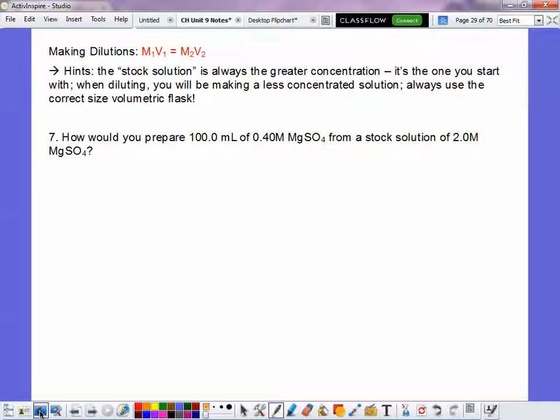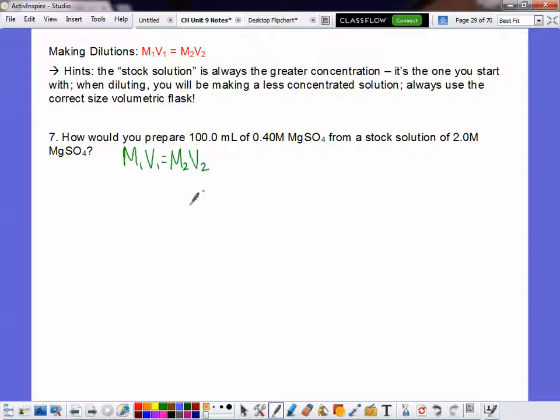We want to know how would we prepare 100.0 milliliters of a 0.40 molar MgSO4 solution from a stock solution of 2.0 molar MgSO4. All right, so my formula is M1V1 equals M2V2. Let's identify those components.